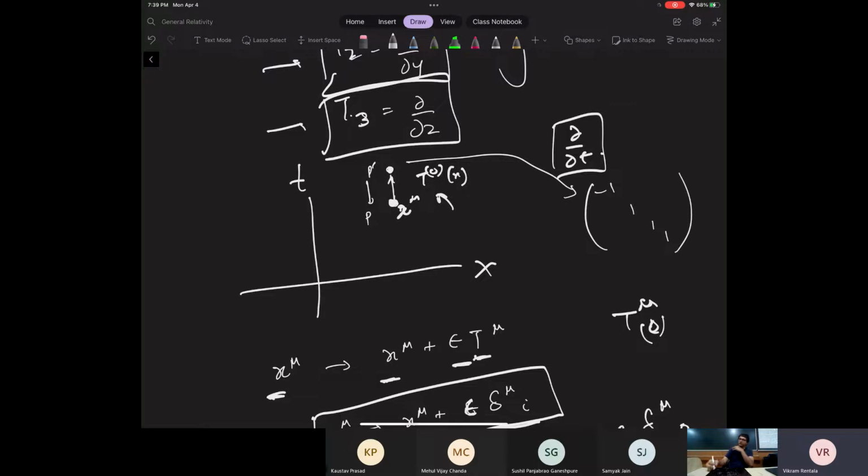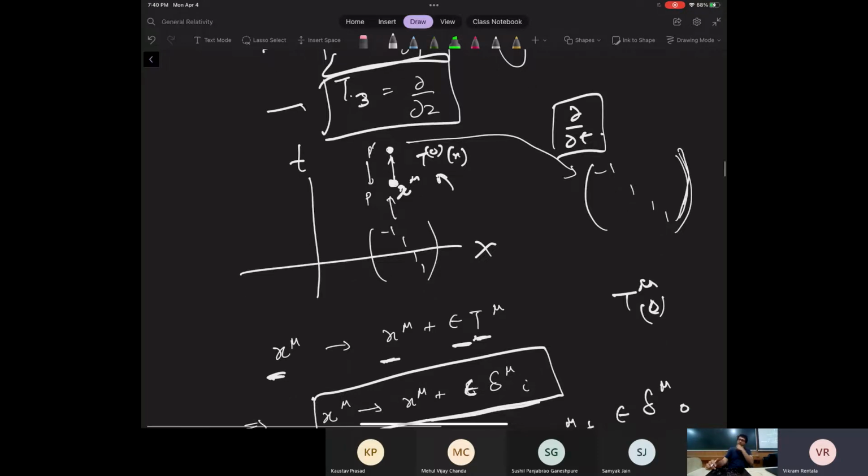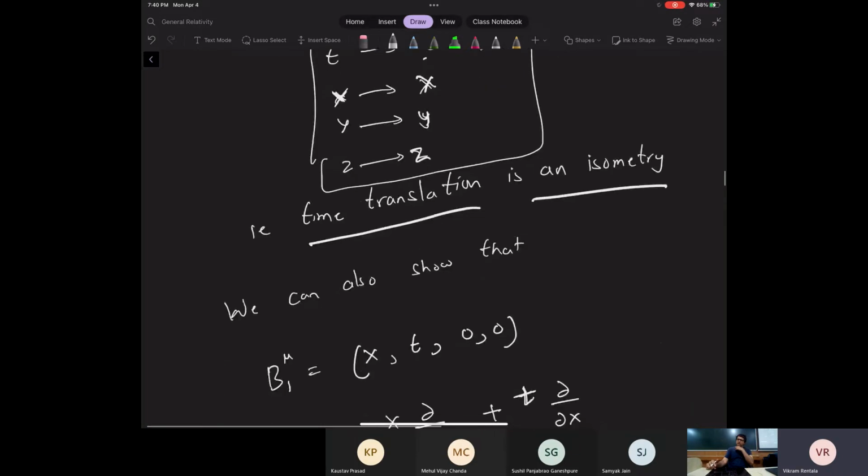It turns out that when you do that, you will still get the same components, -1, 1, 1, 1. Now if I compare it with the original metric at the point x mu, I already had -1, 1, 1, 1. So the difference between them is 0, and that's why this is an isometry. Time translation doesn't change the metric under this infinitesimal diffeomorphism. So time translation is an isometry.